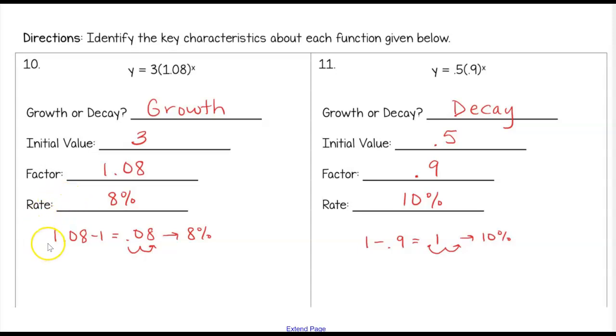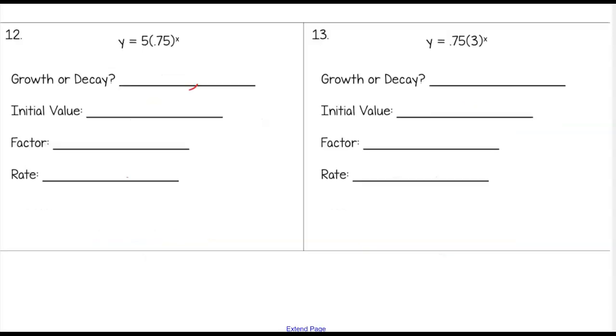If you have a decay one, you take the growth factor and subtract it from 1. All right, let's look at some more. Is this one a growth or decay? It's between 0 and 1, so it's a decay.